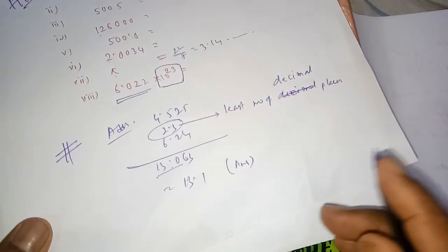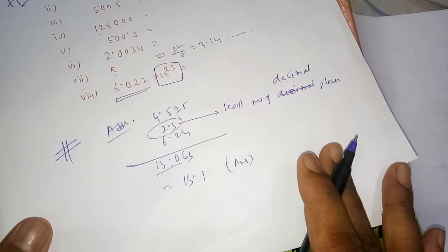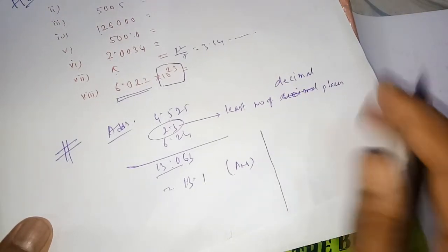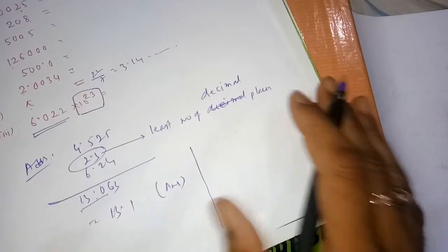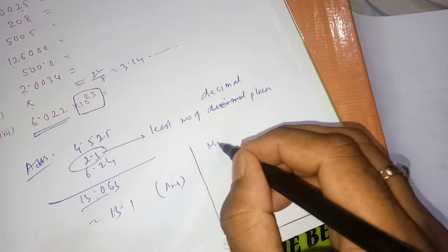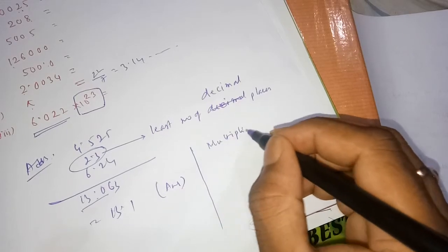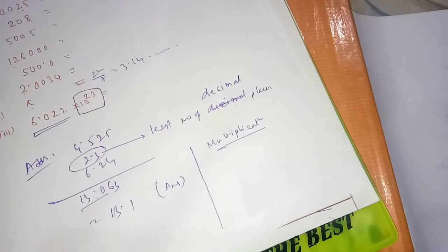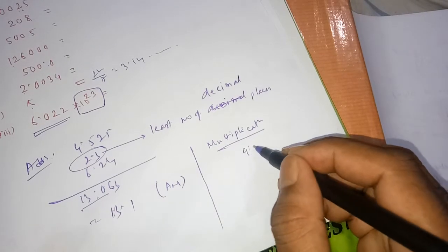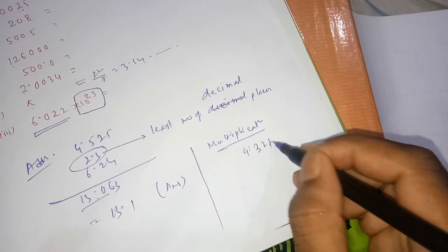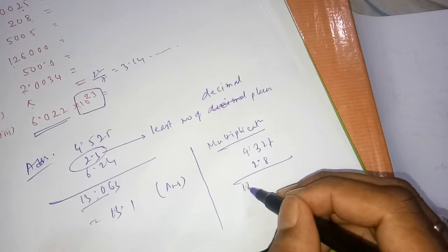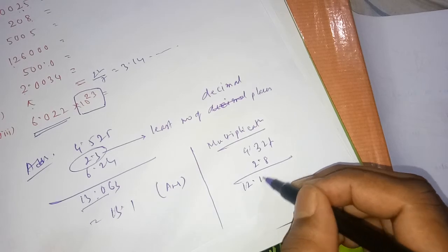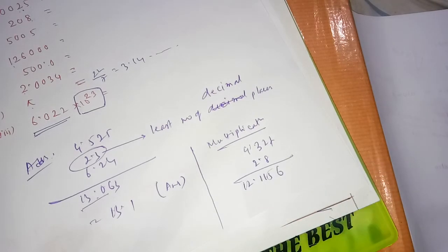Now we have done addition and subtraction with the same procedure. Now we are doing the procedure for multiplication. In multiplication, 4.327 times 2.8, the result comes to 12.1156.